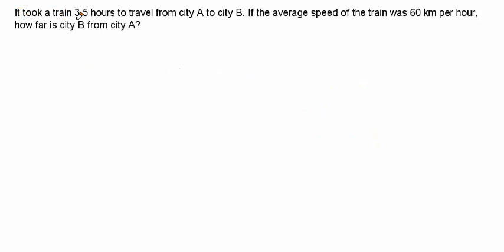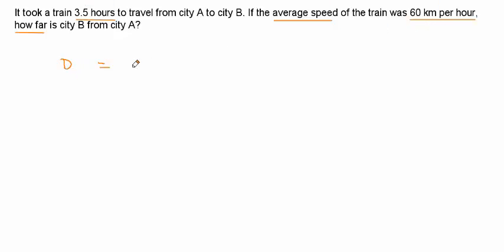It took a train 3.5 hours, so the time is given, to travel from city A to city B. If the average speed of the train was 60 kilometers per hour, so the speed is also given, how far is city B from city A? So this time we need to find out the distance given the time and the speed.